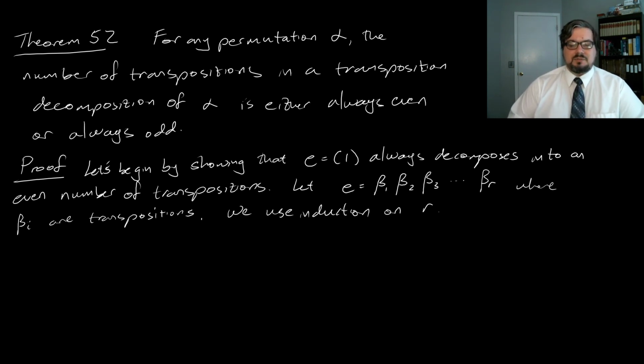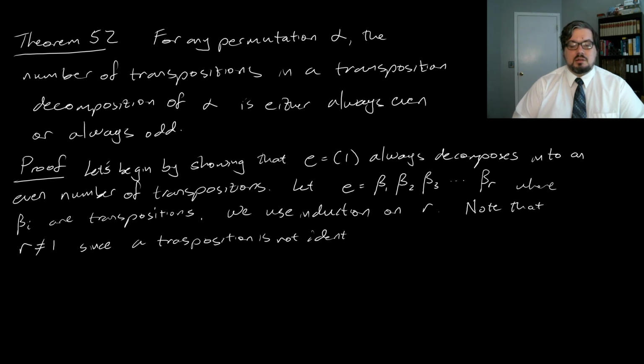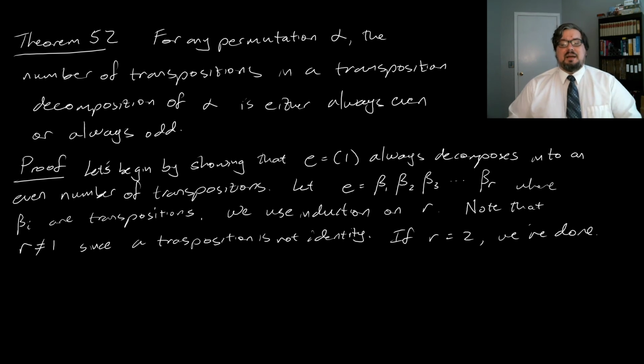So first of all, note that r is not equal to 1, and that's since a transposition is not identity. And then if r equals 2, that means that we're done. That means that the identity is written as a product of an even number of transpositions.